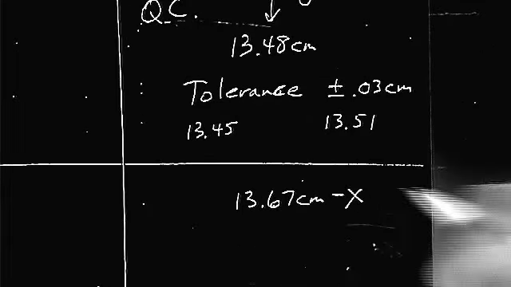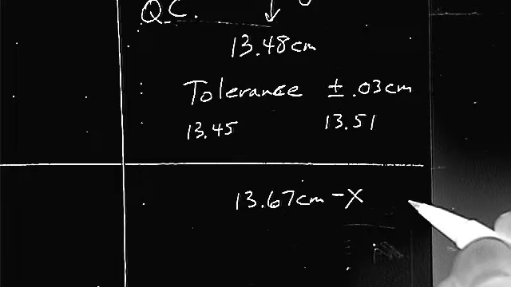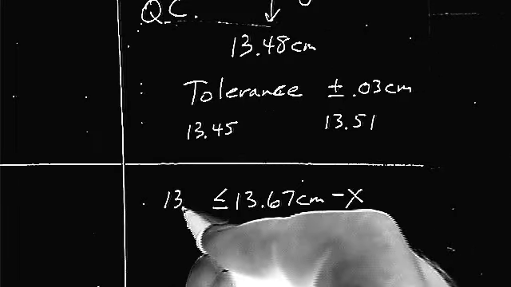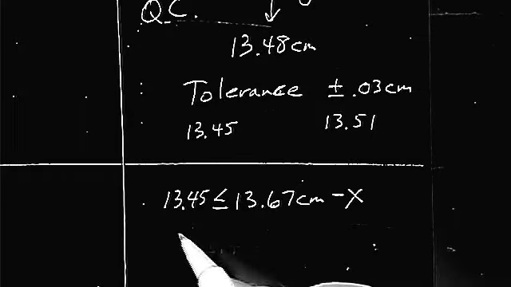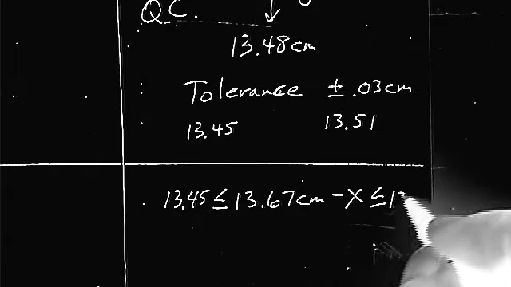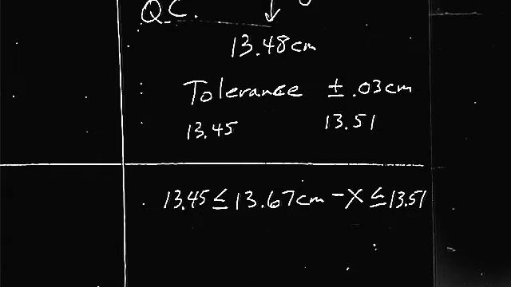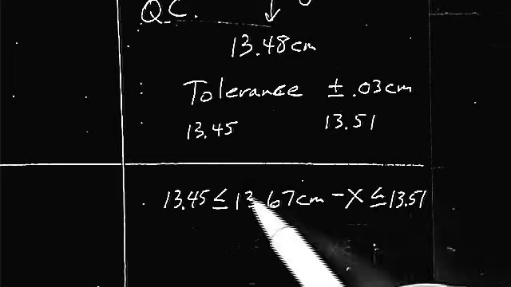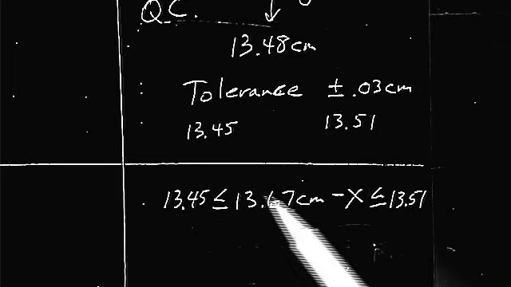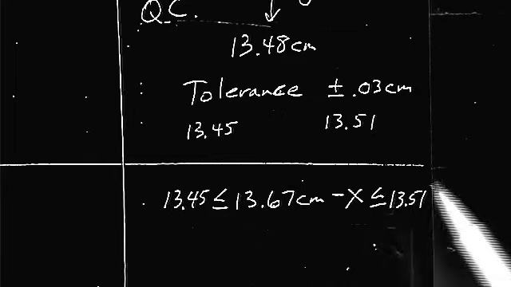Well, I'm going to cut off a certain amount, and when I get done, it better be somewhere between 13.45 and 13.51. It's got to be somewhere in there in order to be good. So the new part, 13.67 minus what I'm going to cut off, x, has to be greater than or equal to 13.45, and at the same time less than or equal to 13.51.